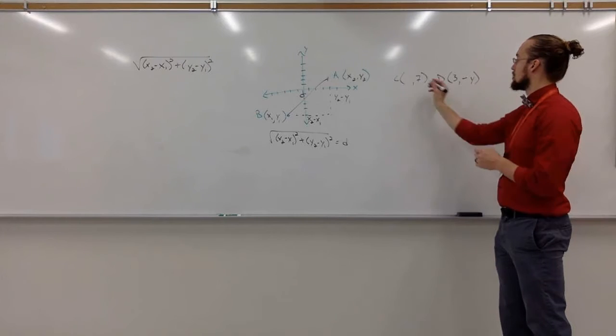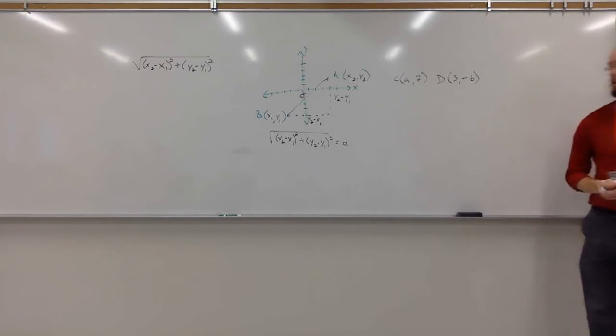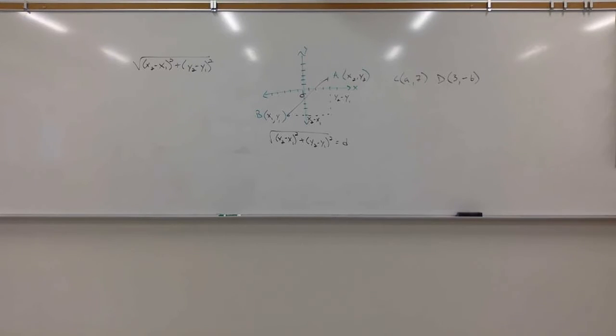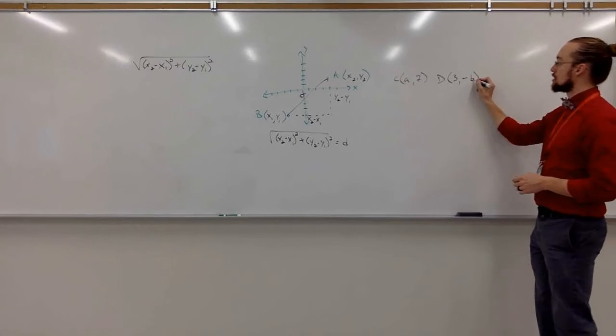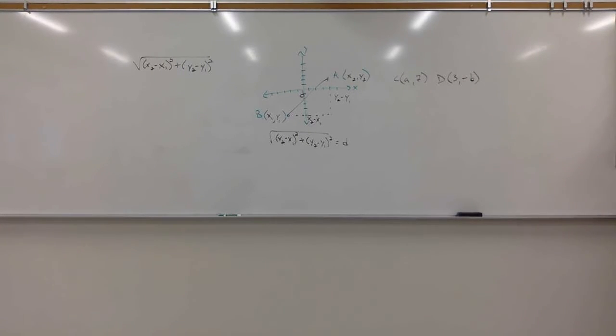Let's say a and b instead of x and y. A, 7 and 3, negative b. That's a b, not a 6. Find me the distance between those 2 points. A, 7 and 3, negative b.